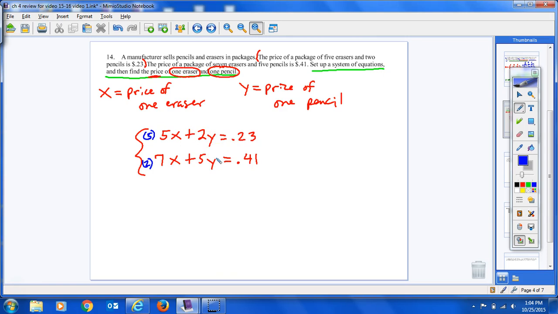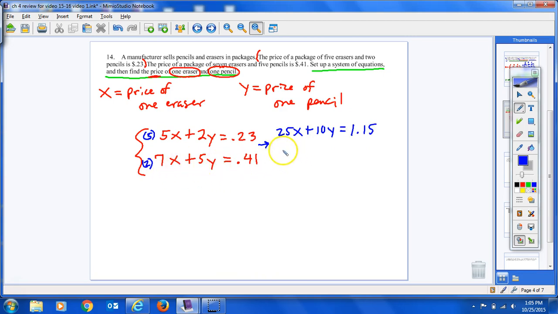Okay, so let's get into that. Multiplying the top equation by 5 gives me 25x plus 10y, and 0.23 times 5 is 1.15.